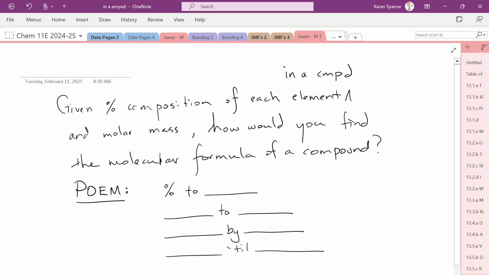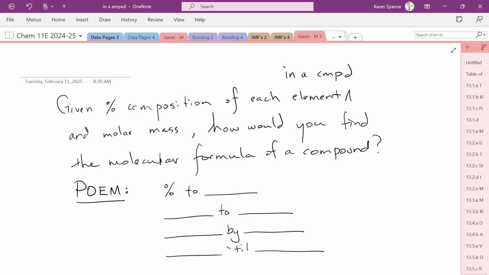We're given the percent composition of each element in a compound and its molar mass. How would you find the molecular formula? First of all, what is a molecular formula? The formula, how it is not simplified.